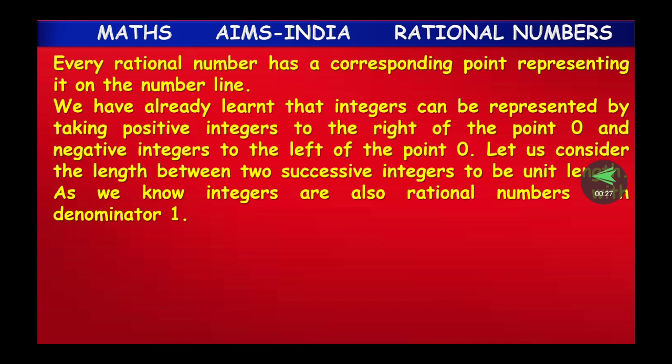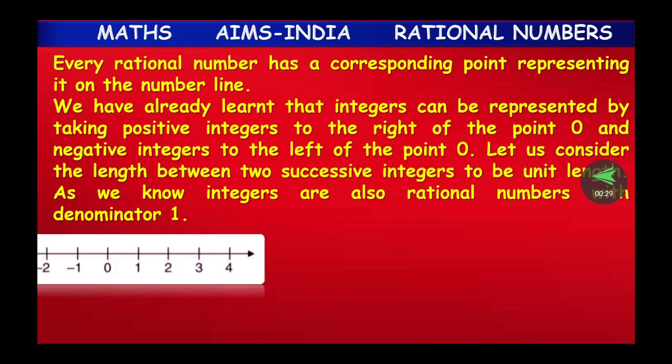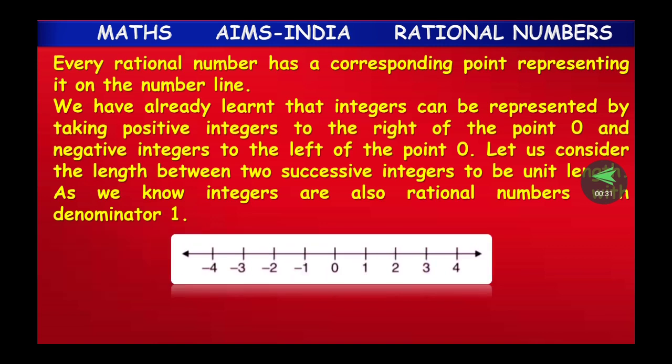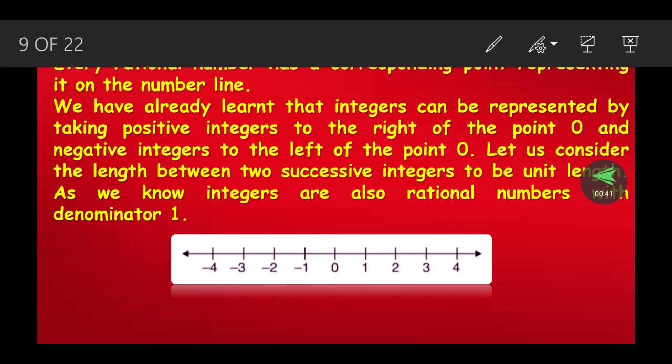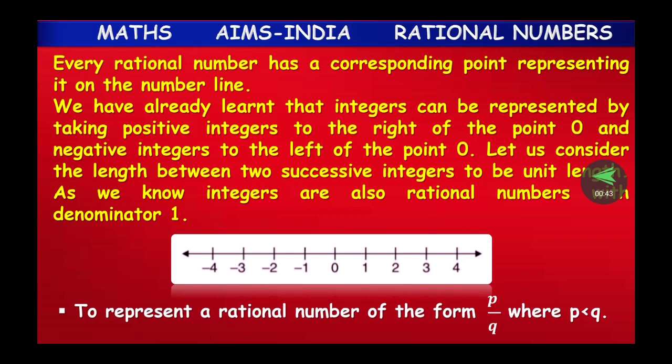We take 0 in the middle, on the right side we have positive integers, and on the left side negative integers. Now we have to know how to represent rational numbers in the form of p by q, where p is less than q.